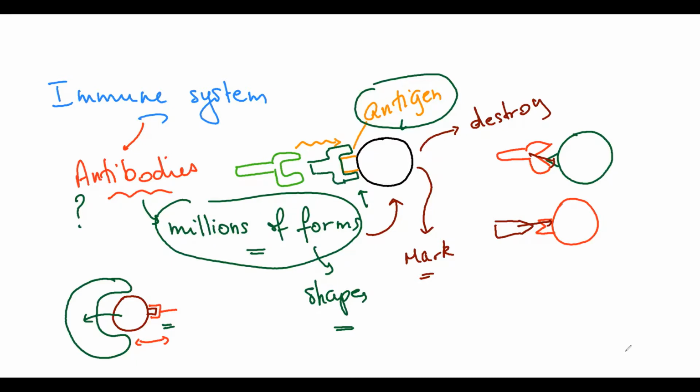As I said before, the white blood cells that produce the antibodies are called the lymphocytes. Lymphocytes will increase so much in number if a pathogen entered the body, and if a pathogen escaped all the defense mechanisms and entered the body, it's going to meet a huge amount of lymphocytes.